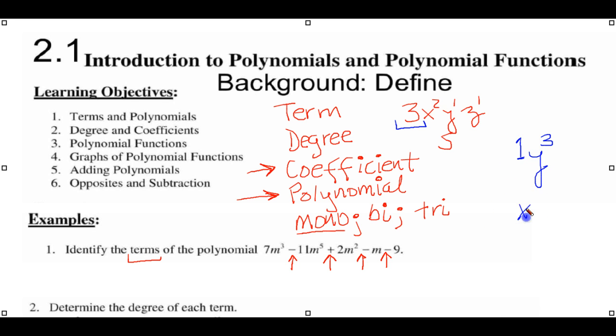Now, if you had x to the 2nd, and it was a negative x to the 2nd, the coefficient of this term would be, again, you'd put a 1 there, and the answer would be a negative 1. Okay, some background should make this section a little easier.